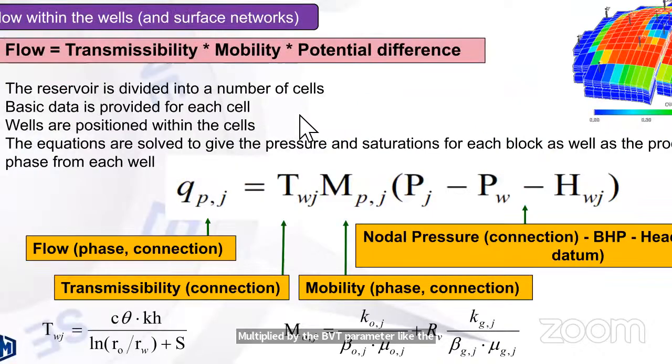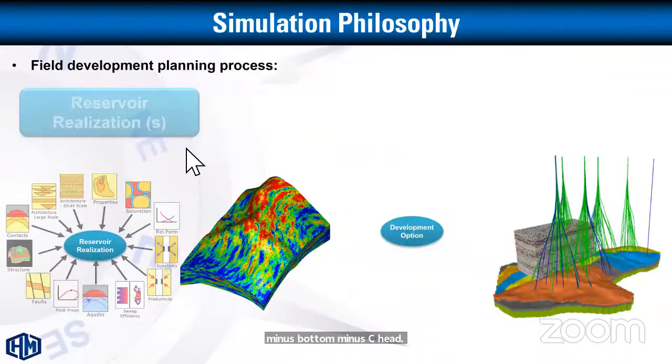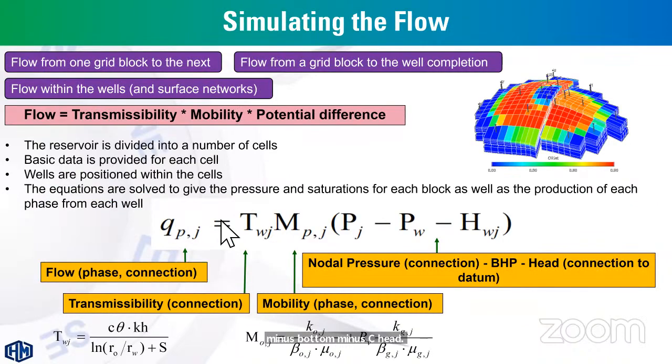Last part is the potential difference, which is the nodal pressure minus bottom hole pressure minus the head. This is typically the basic simulation flow equation.